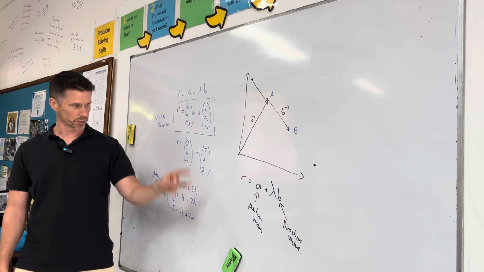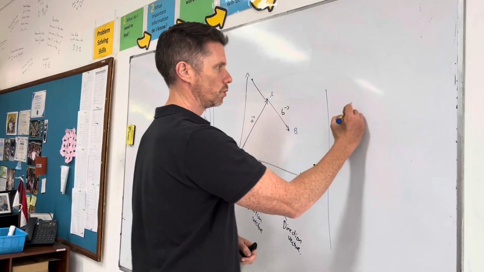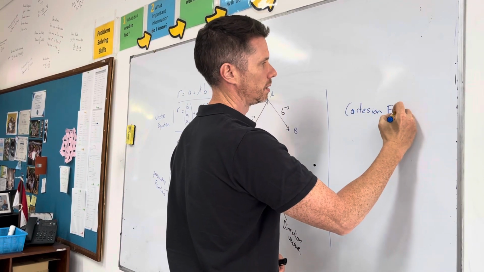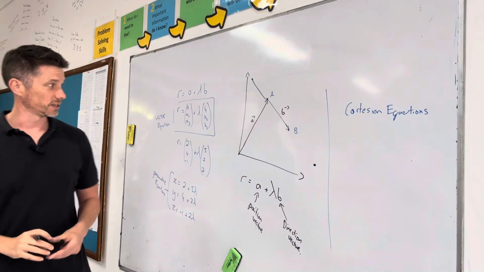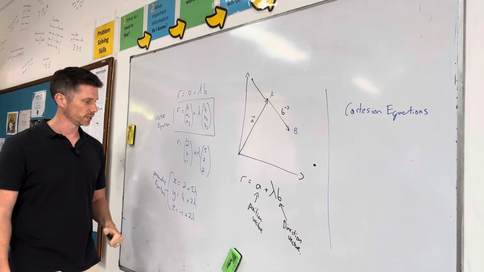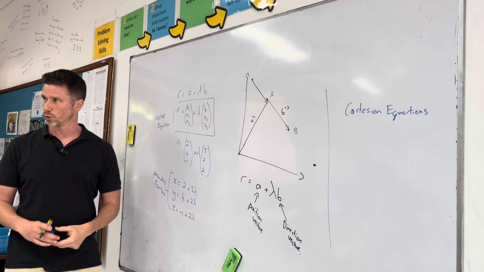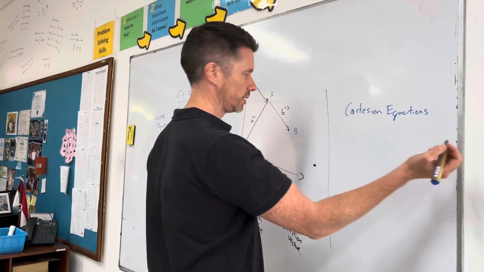It's called a Cartesian equation, which doesn't ignore lambda, it just acknowledges that this scalar multiple will always be the same number, so we can create equations that equal each other.